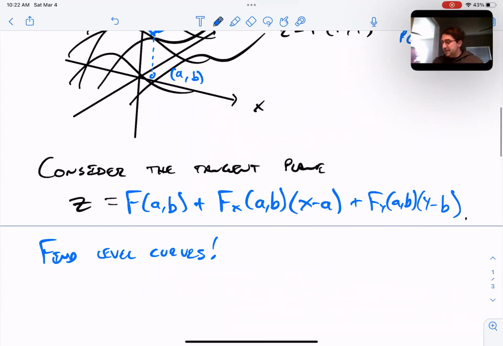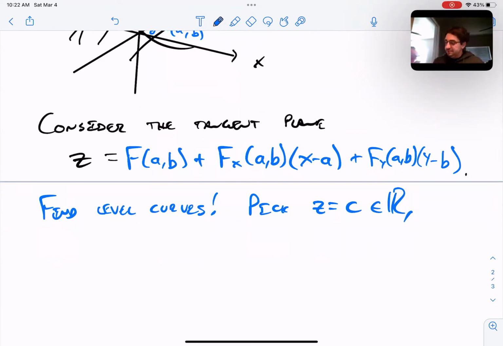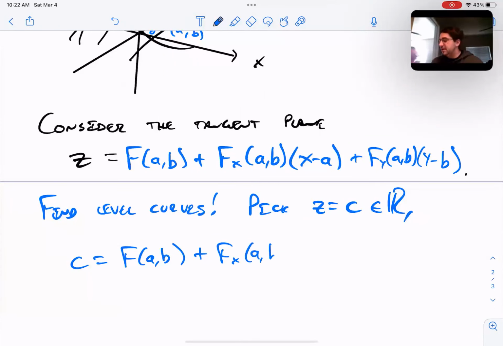So if I pick Z equal to a constant, where C just represents some real number, no matter what real number I pick, I always get something very similar for my level curve. It's not like some surfaces, depending on what Z value you pick, you get very different level curves, very different shapes for your level curves, right?